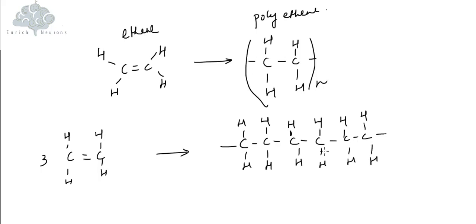So this is how the polymer would look for ethene. You could see that you have a repeating chain which is continuously there in this molecule.